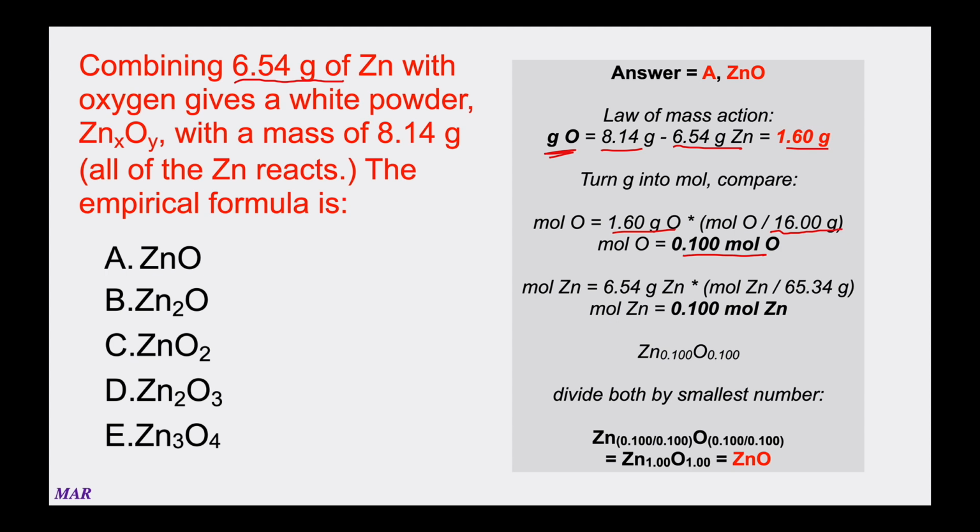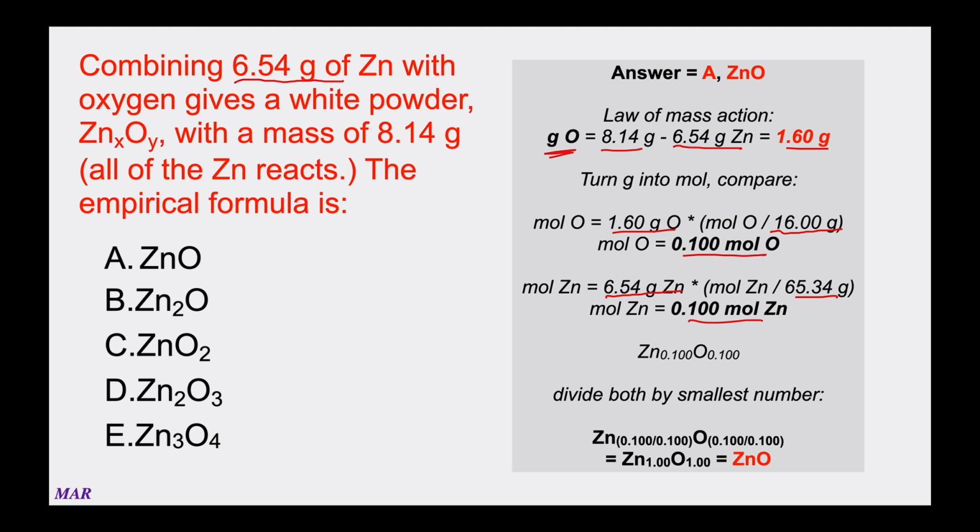You can do the same thing for the zinc, 6.54 grams divided by the molar mass of zinc. You also get moles of zinc, and notice, of course, they're the same number. That's exactly the same number, so it's really silly to compare, but I want you to see that just in case you have to, if the numbers aren't the same. 1 zinc to 1 oxygen, the answer is zinc oxide, ZnO.